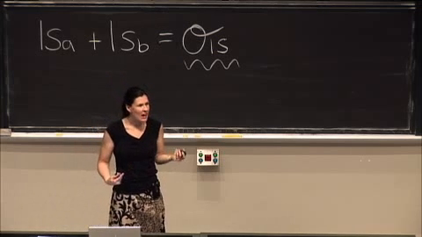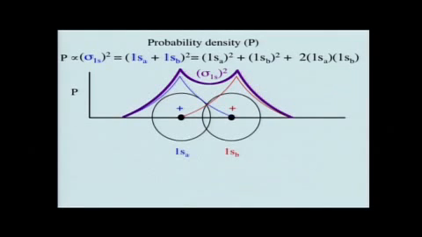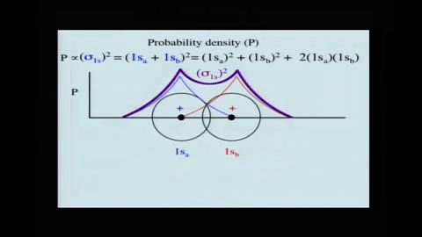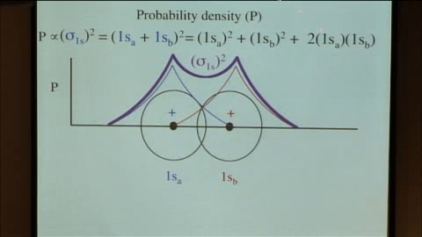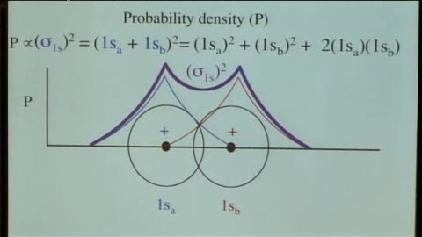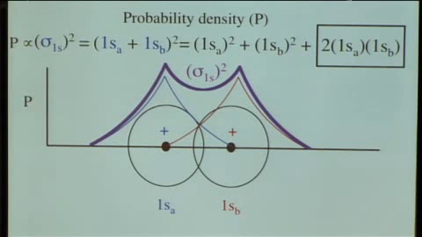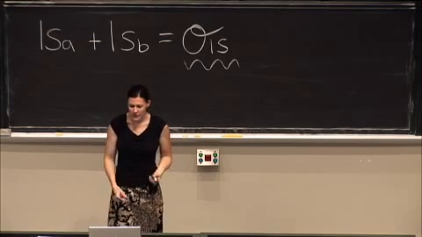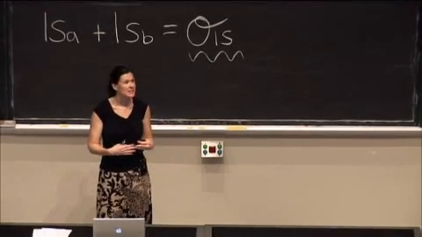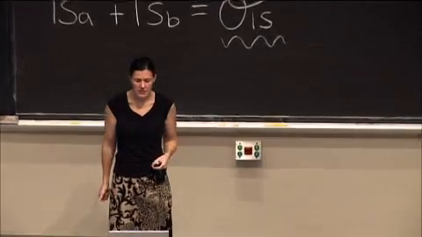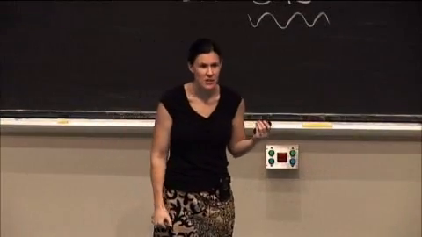So if we write out every term individually, what we end up with is essentially just the probability density for the first atom, then the probability density for the second atom, and then we have this last term here, and this is what ends up being the interference term. So in this case, where we're adding it together, this is going to be constructive interference. So in this case, the cross term represents constructive interference between the two 1s atomic wave functions.